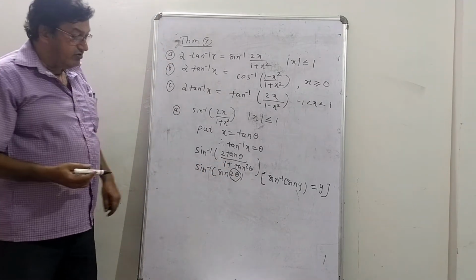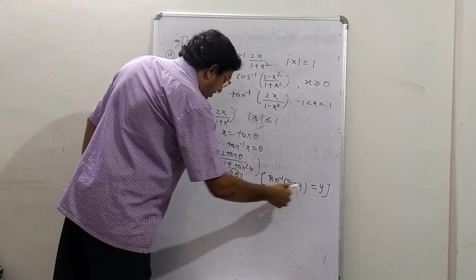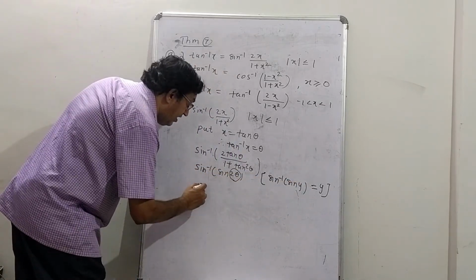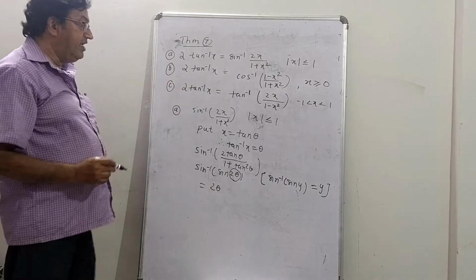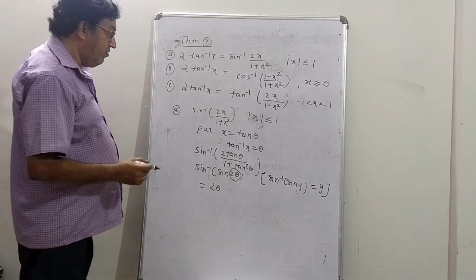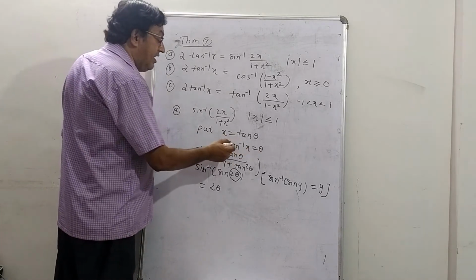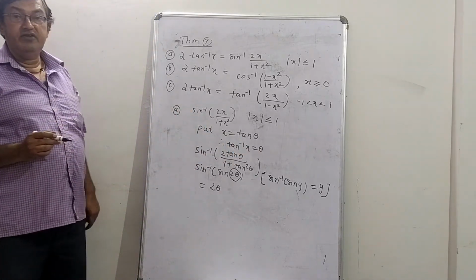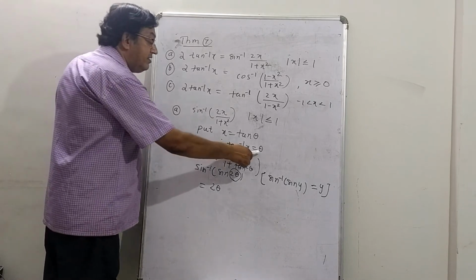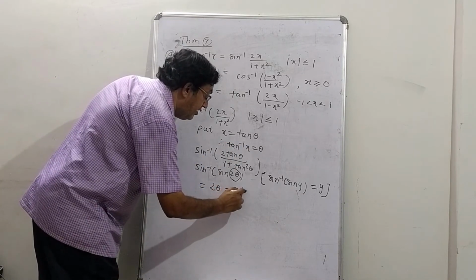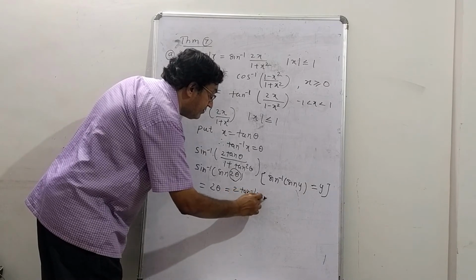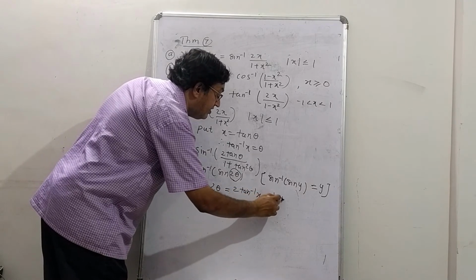So since sin inverse of sin y is y, sin inverse of sin 2 theta will be 2 theta. Now what is theta? Theta is tan inverse of x. So we can write this as 2 times tan inverse of x, which is your left hand side.